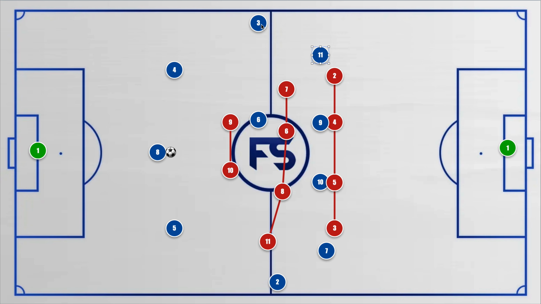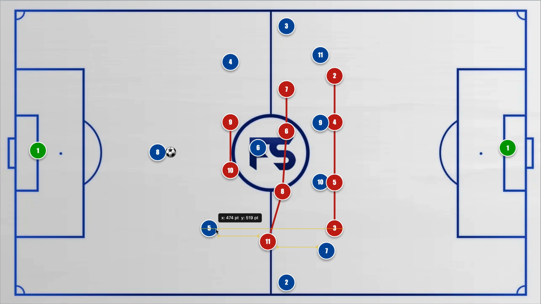So higher, and come centrally. Now we've got a 4 against 2 in that area. Now basically what we're going to try and do is get this player to receive more or less in line with the two strikers.